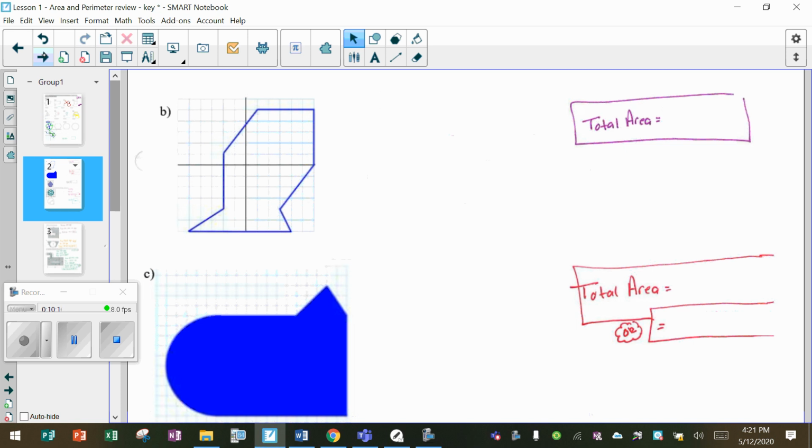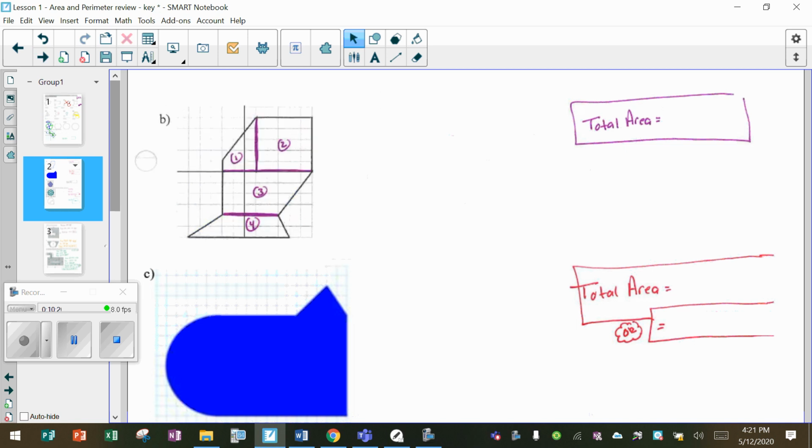All right, welcome back. Here's what I did. I split it up into 3 trapezoids and 1 square. I labeled each different section with a number, so as I go through my work, I know which work goes with which shape.